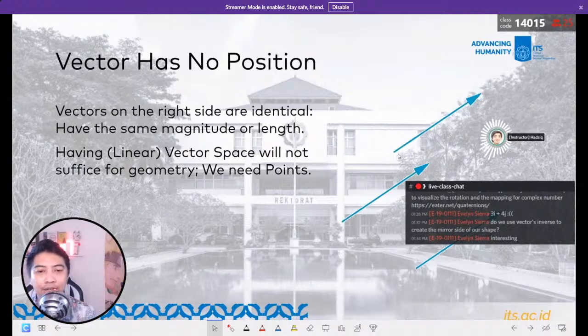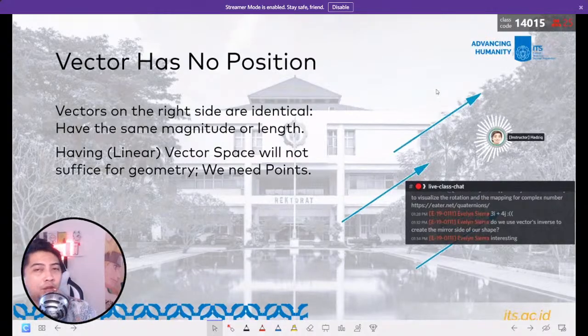The magnitude, represented by its length, is identical. It's also heading towards the same direction. But even though they are in different places, we can still say that these three vectors are the same. Again, vector has no position.